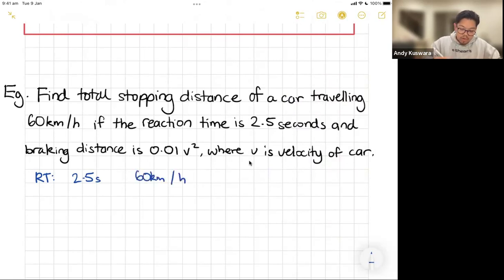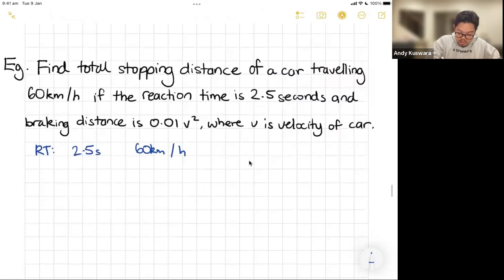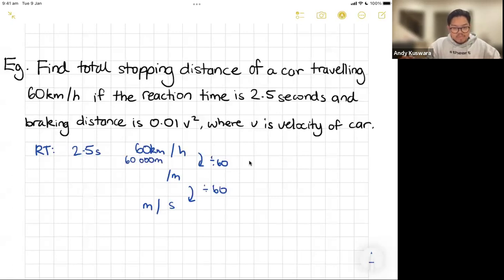So similar to before, I'm going to change this into meters per second. Okay, so again, to get from hour to minute, I need to divide by 60. And to get from minute to second, I'll need to divide by 60 again. And 60 kilometers is the same as 60,000 meters.